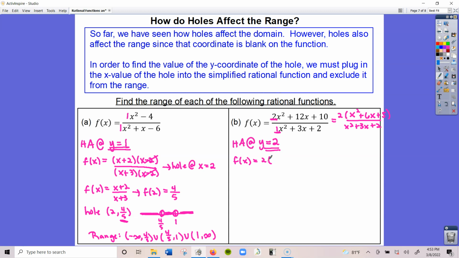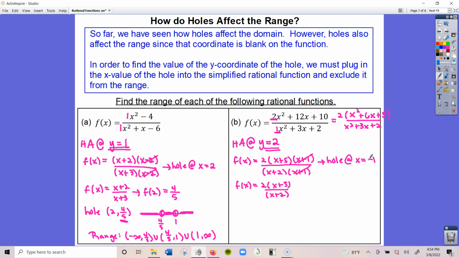X squared plus 6x plus 5 is x plus 5, x plus 1, over x squared plus 3x plus 2, which is x plus 2, x plus 1. Here, the x plus 1's cancel. So that means that there is a hole at x is equal to negative 1, since again, that's where this factor would equal 0. My simplified rational function is 2 times x plus 5 over x plus 2.